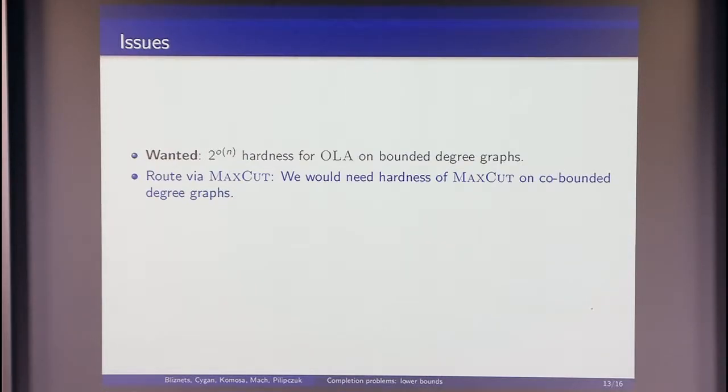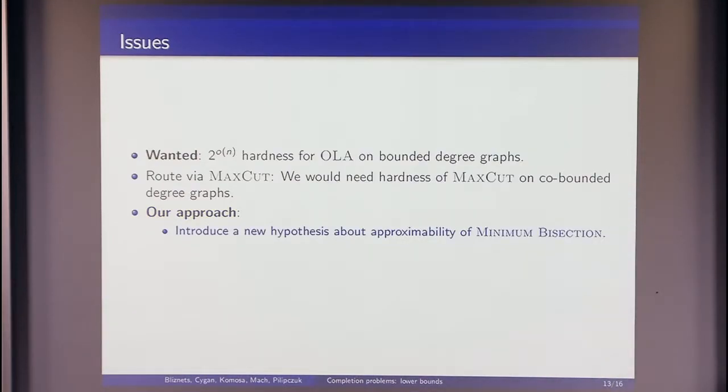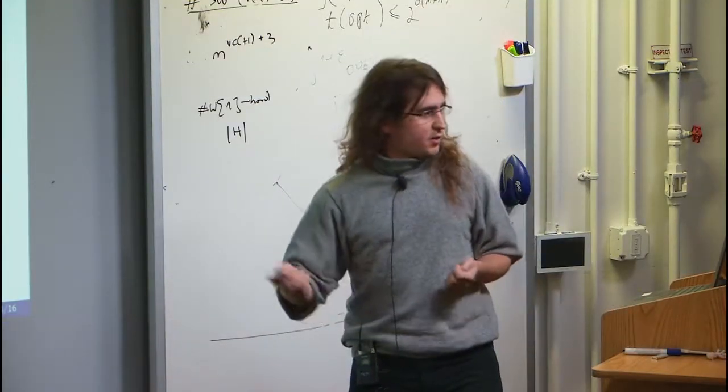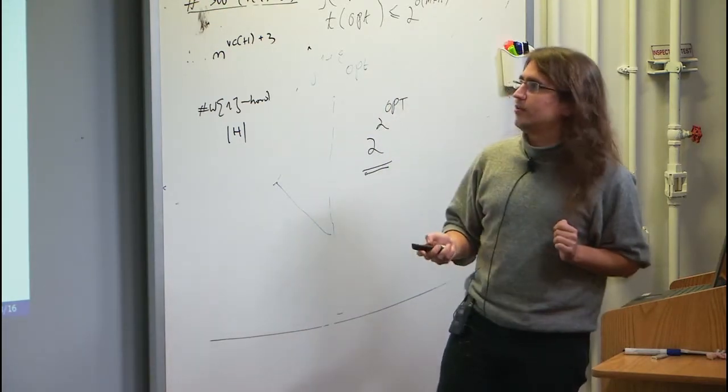So we would need to actually prove hardness of MAXCUT in co-bounded degree graphs. Yes? So our approach here is that we introduce a new hypothesis based on the minimum bisection problem and show that, having this hypothesis, we can actually make the whole plan work and prove a sort of tight lower bound.